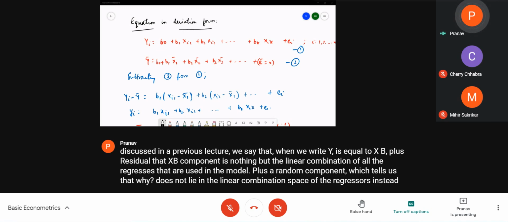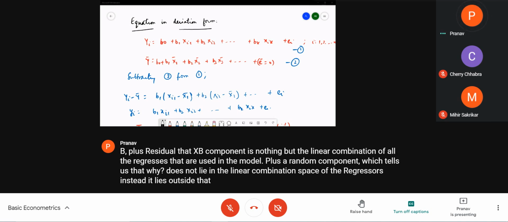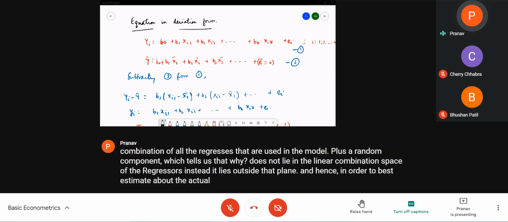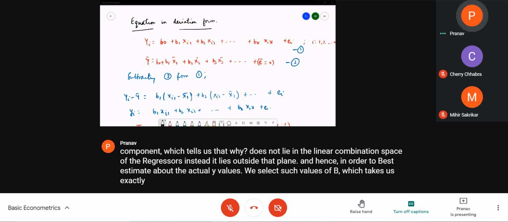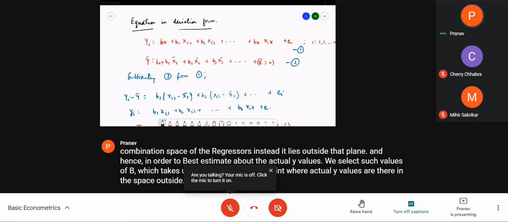Instead, it lies outside that plane, and hence, in order to best estimate the actual y values, we select such values of b which take us exactly below the point where the actual y values are, in the space outside this linear combination.